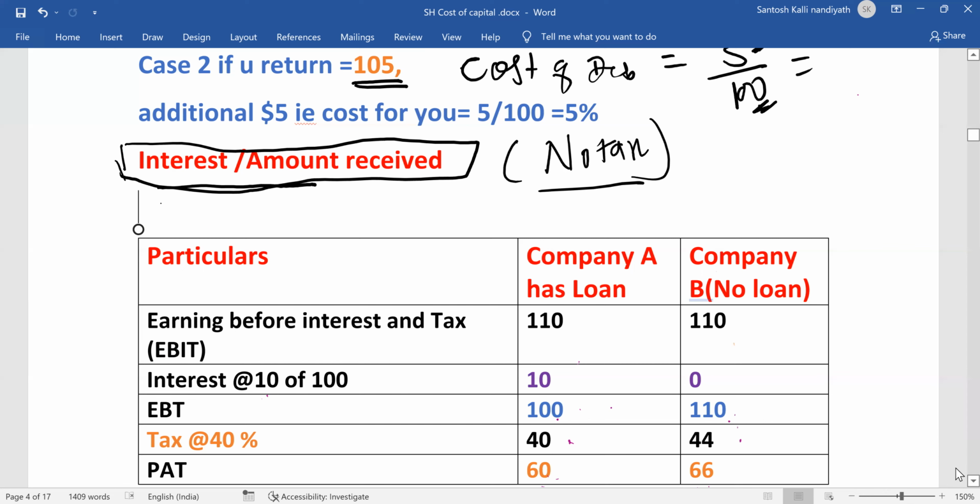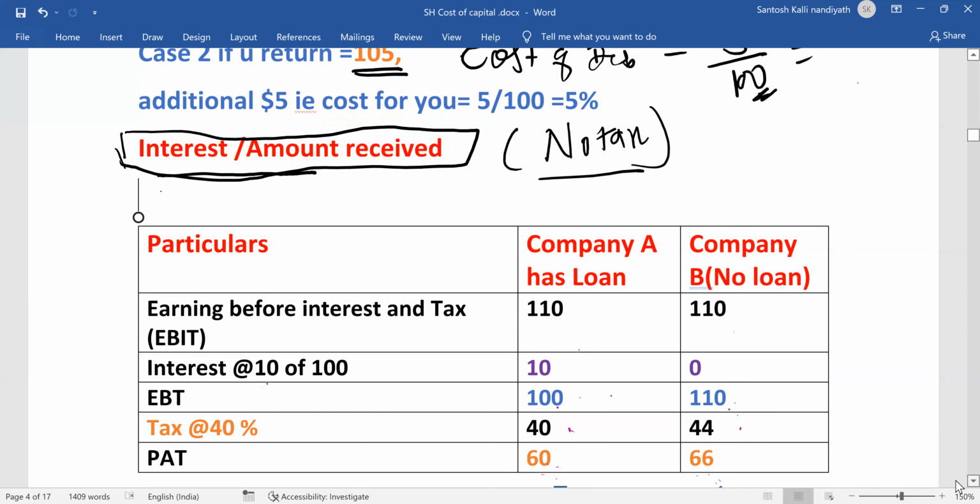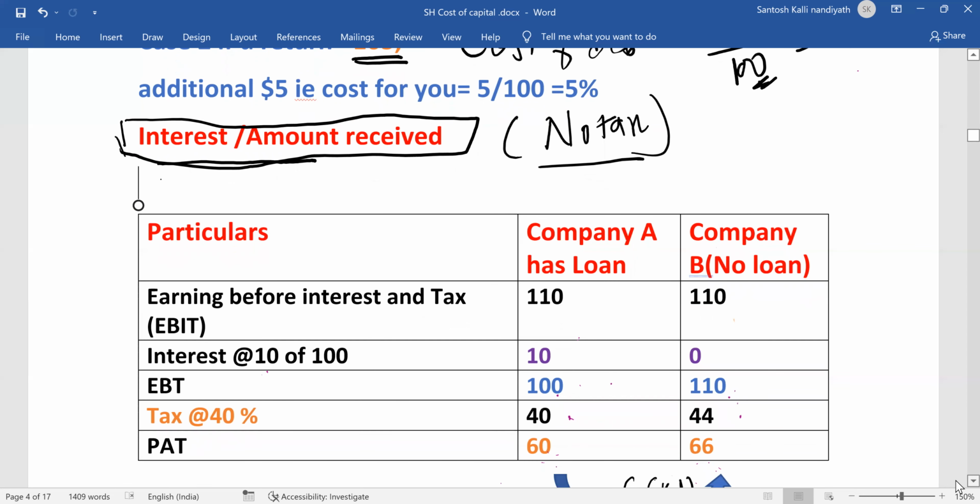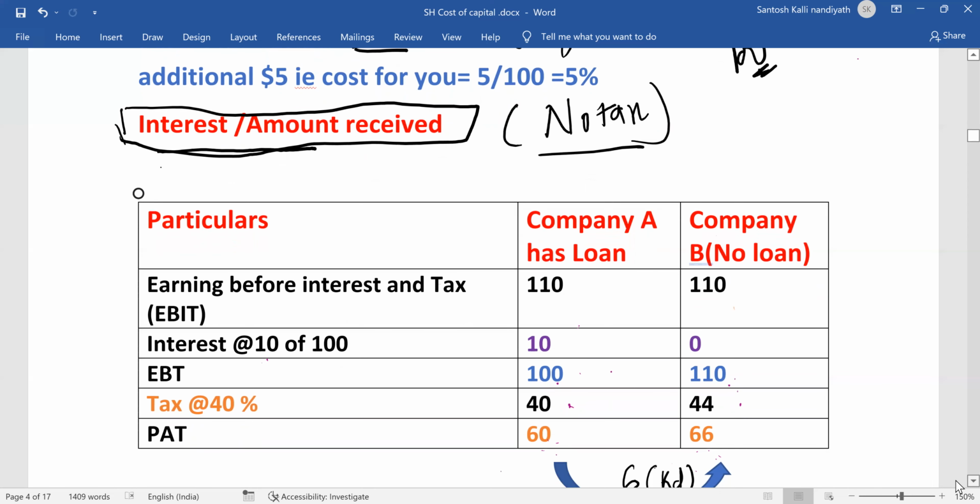So now we will discuss the scenario. I have told you generally we will get a tax benefit. We will see this with an example: two companies with the same earning, company A and company B. Company A has a loan whereas company B has no loan. Loan means debt.